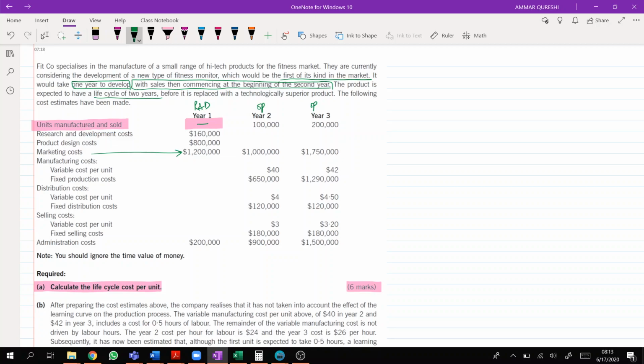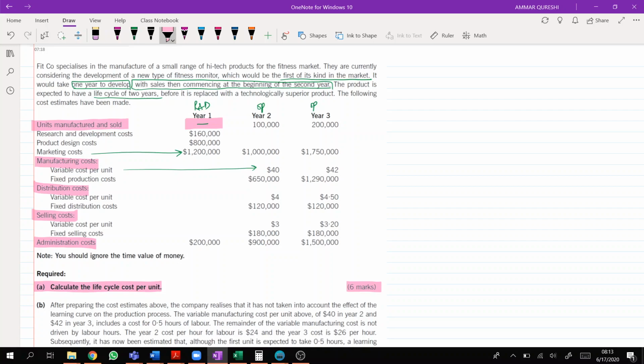Variable manufacturing cost is around $40 in the first year, $42 in the second year, and fixed production cost is 650,000. Then distribution cost, selling cost, and administration costs are given. All these costs are given, and you are required to calculate the life cycle cost per unit of the product.